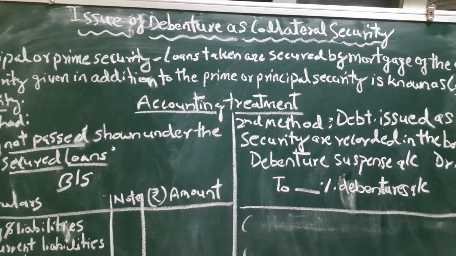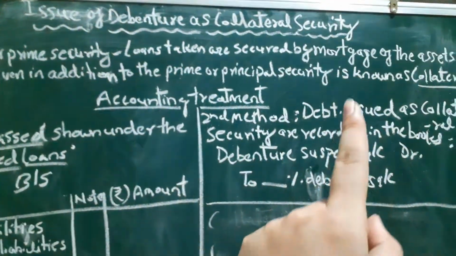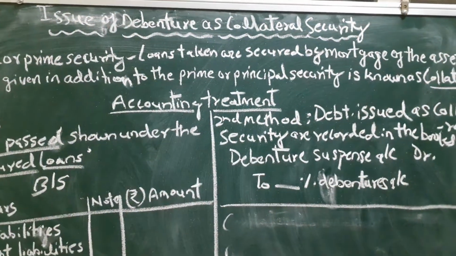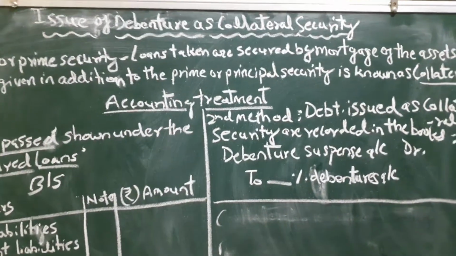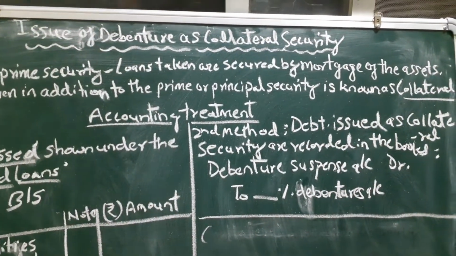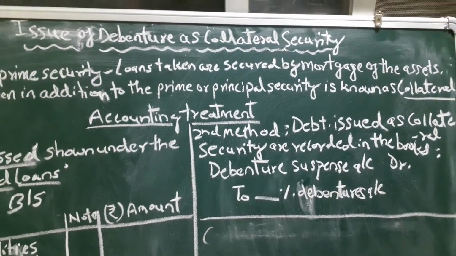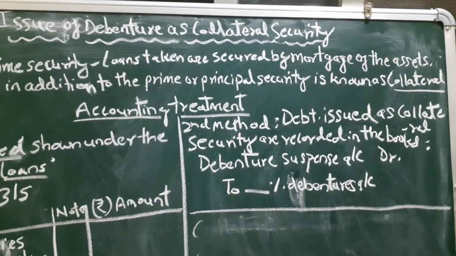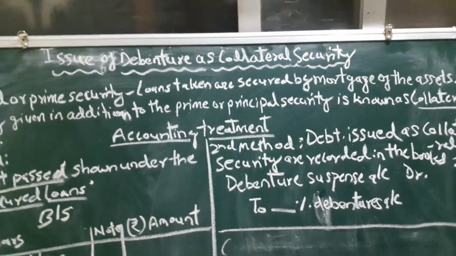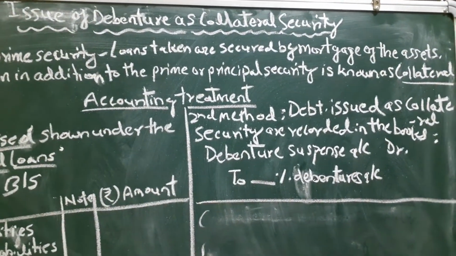And another word which will be coming very soon in this topic is mortgage. So mortgage, you can say, is a type of loan, okay, where you give any real estate or any valuable asset as a collateral. That collateral, as I said earlier, is sort of an insurance policy.